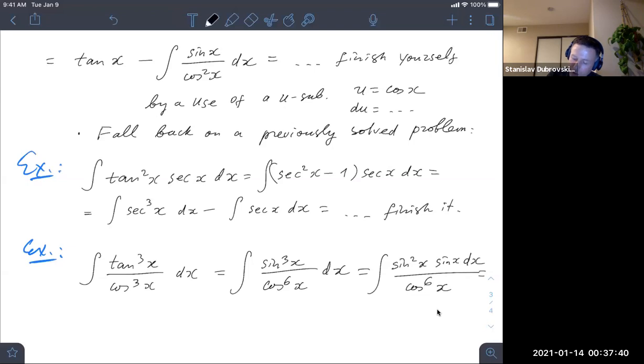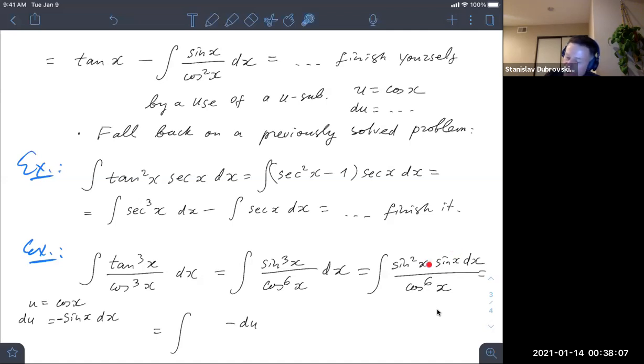So if we try for a u sub, which will give us sine x dx as du, it doesn't take long to figure out that u should be cosine x. Well, up to a minus, we'll get the minus here. So then it follows that what we have on the top, sine x dx, will be negative du, right?